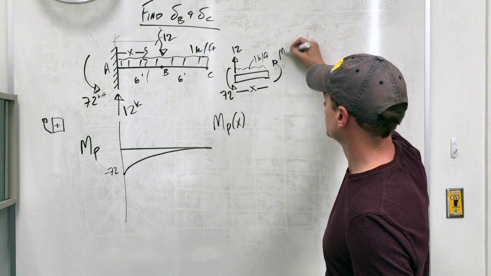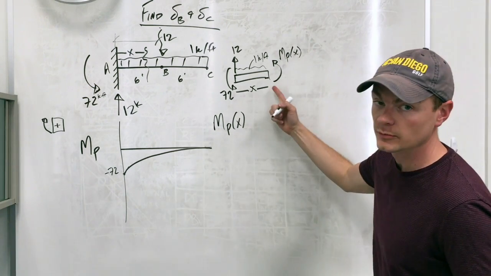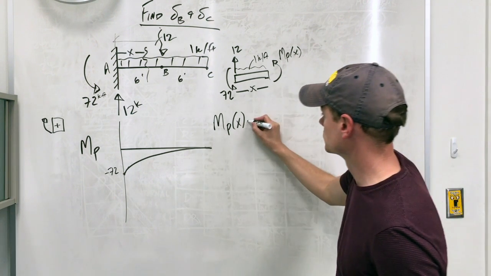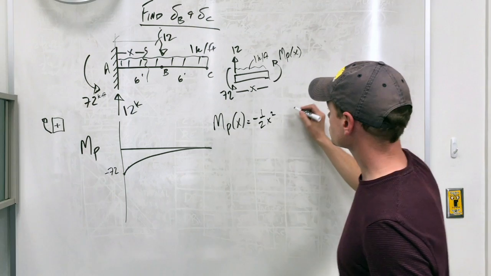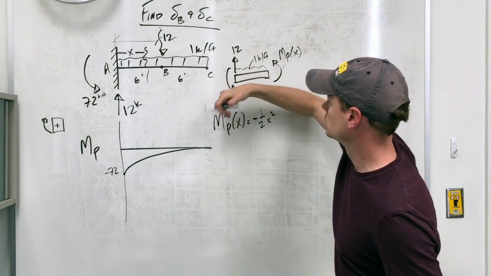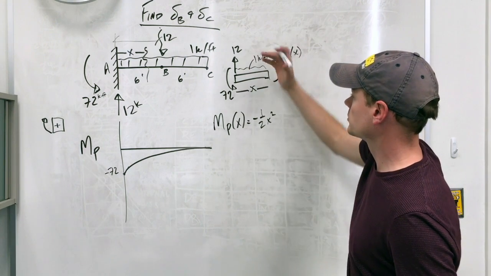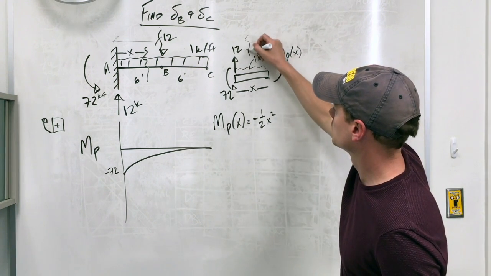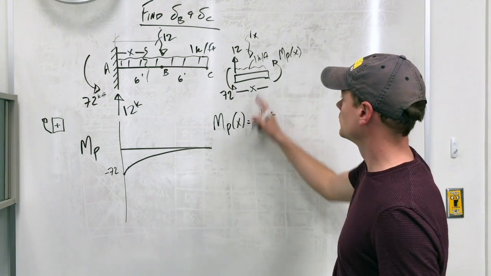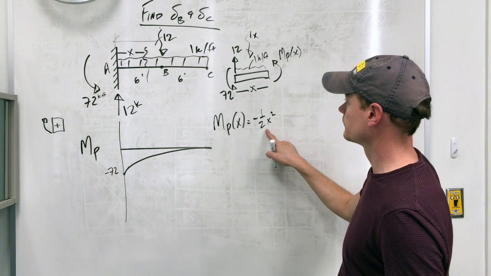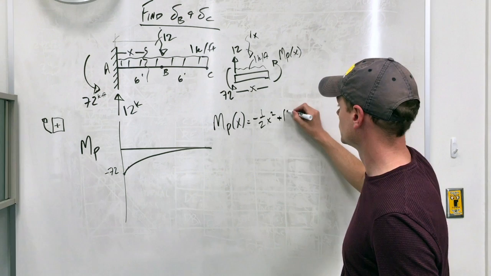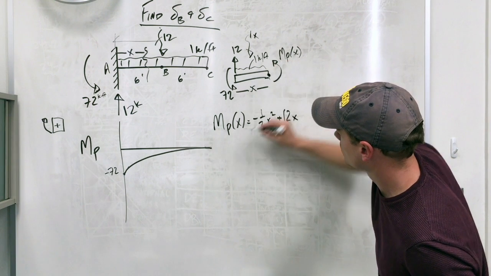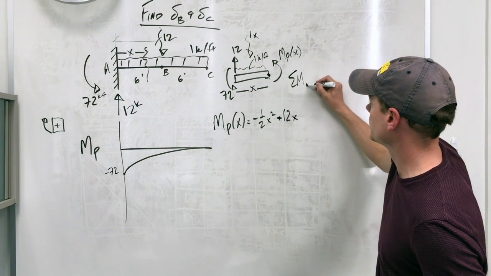I have internal moment, MP of x, and then I sum moments to find this unknown, or my equation. Let's say I sum moments about this point.